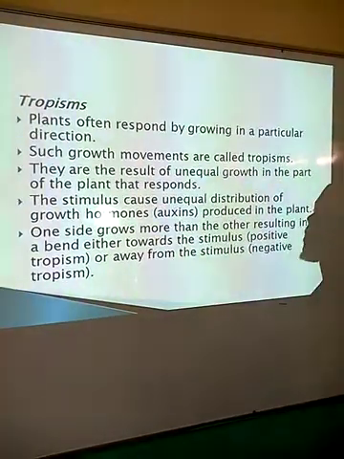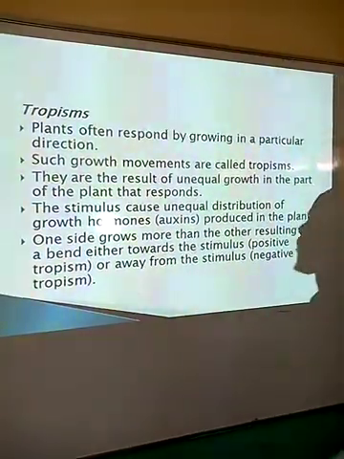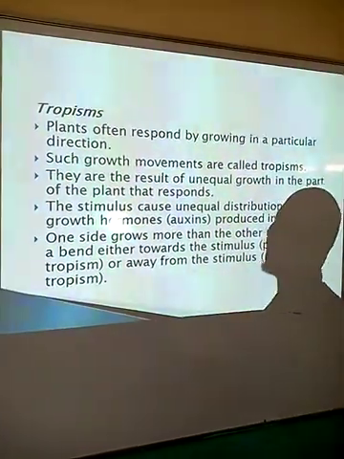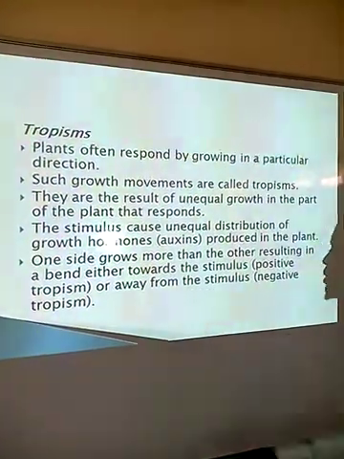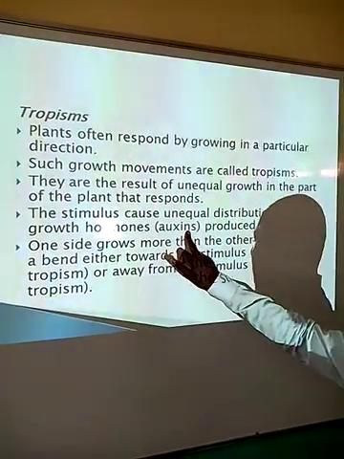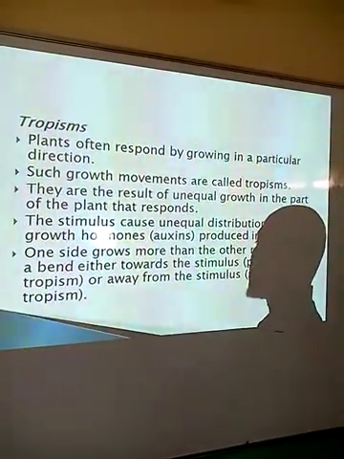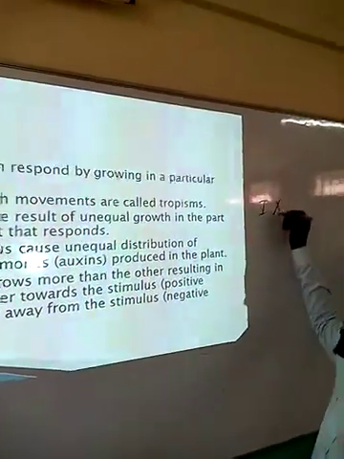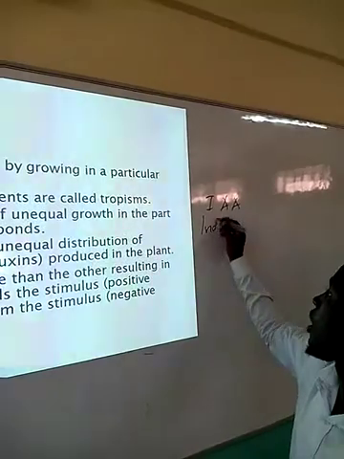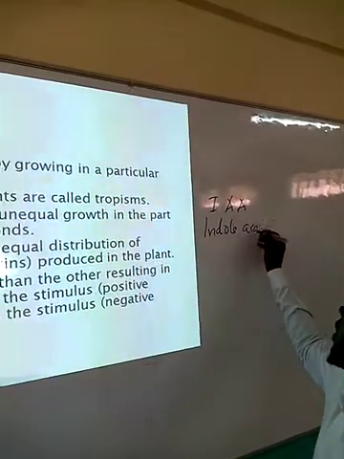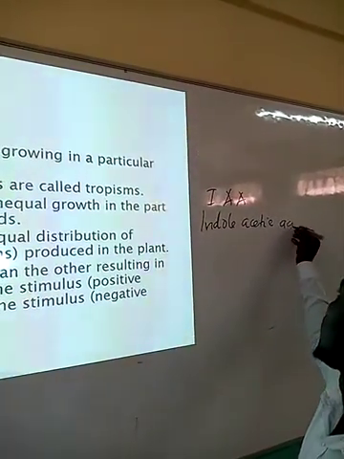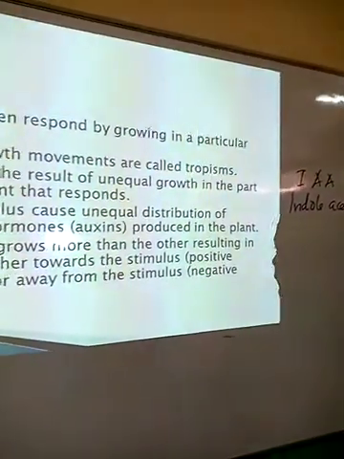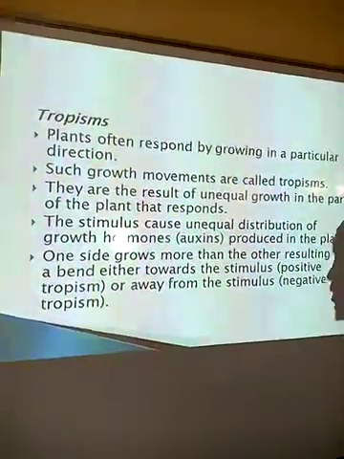They are a result of unequal growth in the part of the plant that responds. We are going to see that the stimulus causes an unequal distribution of growth hormones, and an example is auxins. The one that we always know is IAA, indole acetic acid, an example of auxin, which is produced by plants.